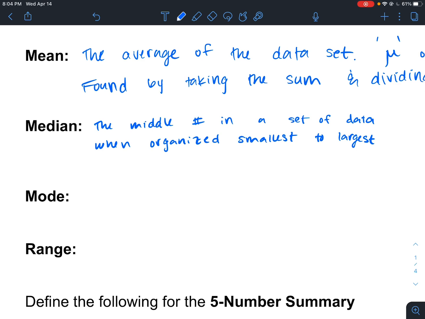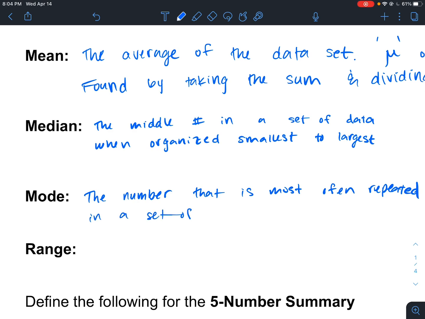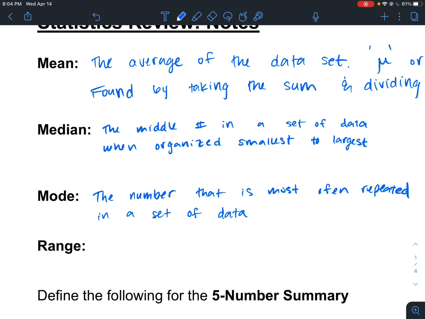Then there is the mode, which is the number that is most often repeated in a set of data.